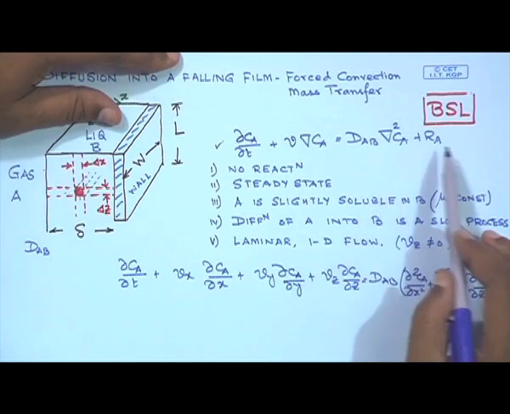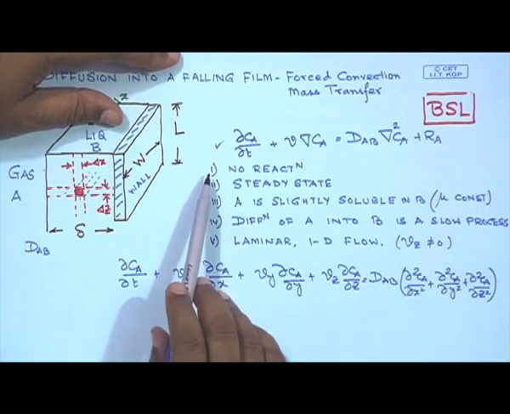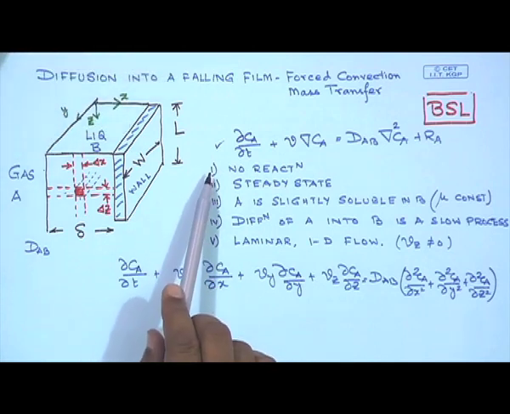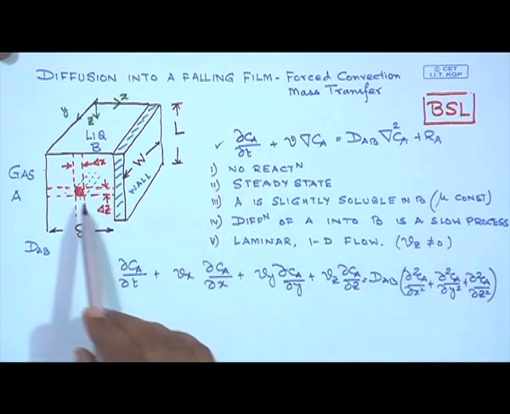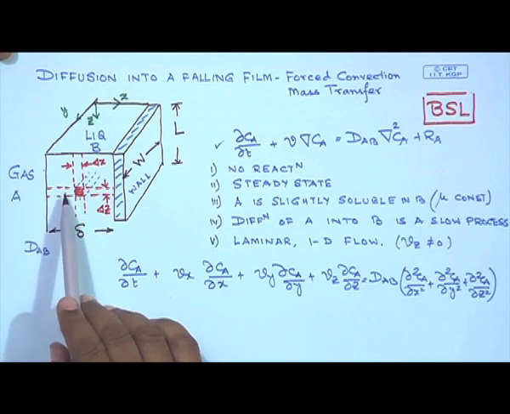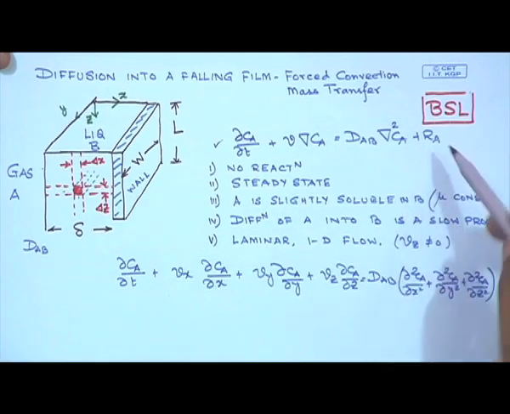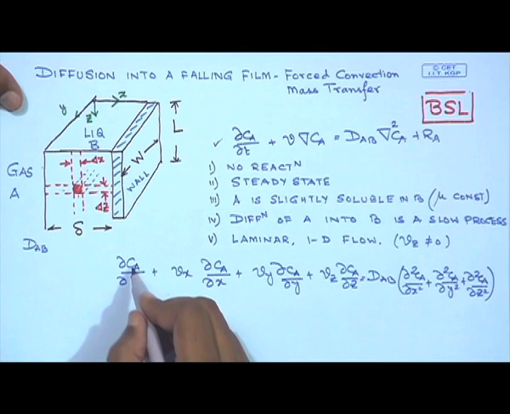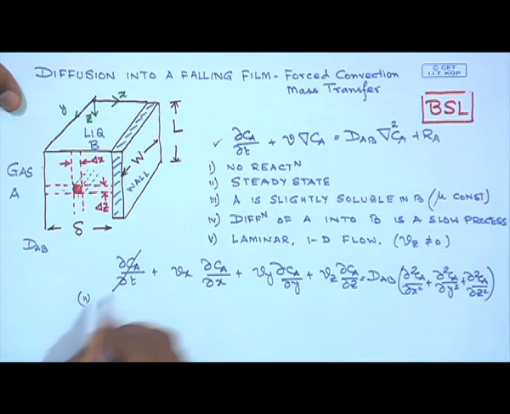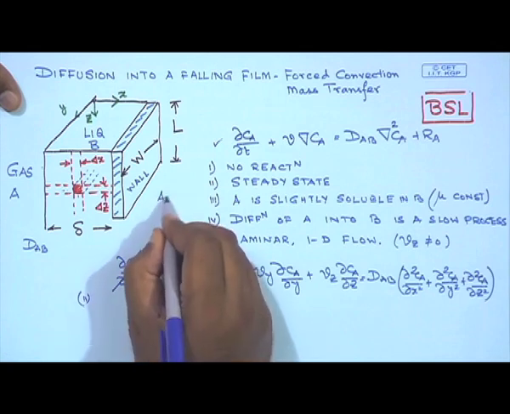I am not writing the Ra term since I have already assumed that there is no reaction taking place. So there is no question of generation or depletion of A in the liquid when the gas gets absorbed in the liquid. So the reaction term is dropped. This would be 0 because of assumption 2. So these are my assumptions.